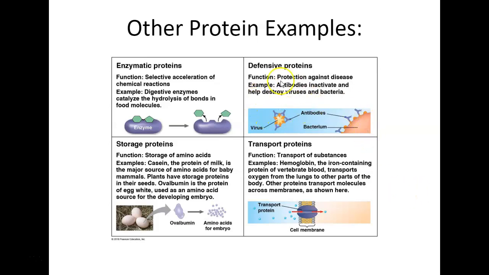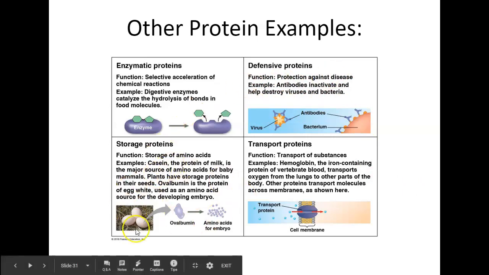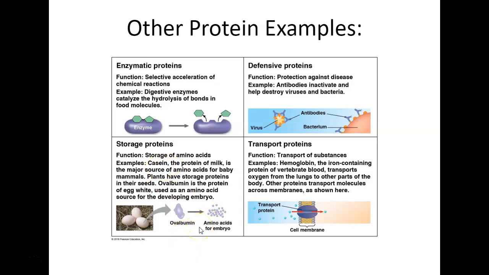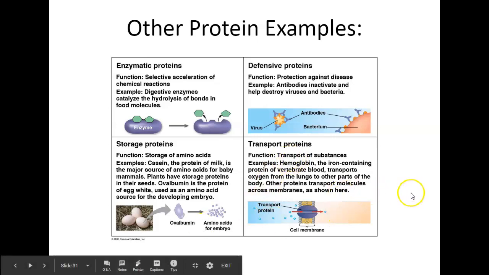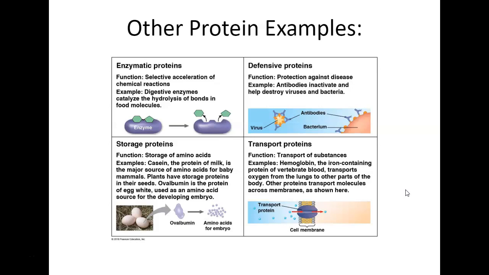We have defensive proteins, so for example, antibodies are proteins. Storage proteins, so for example, the milk protein is one for storing. And finally, transport proteins are super important, like hemoglobin, which carries iron throughout your body.